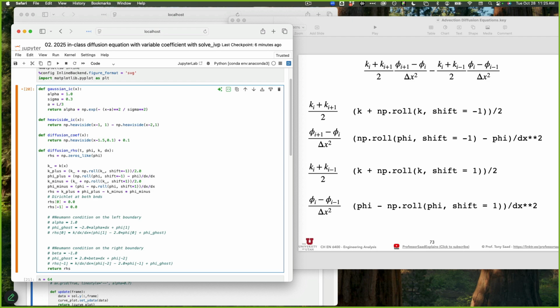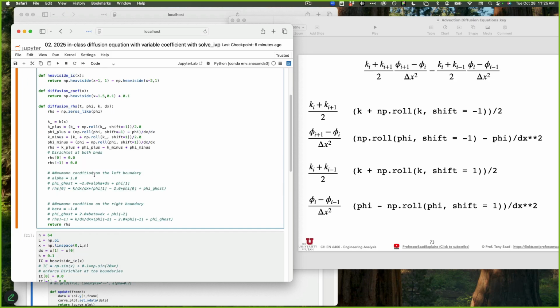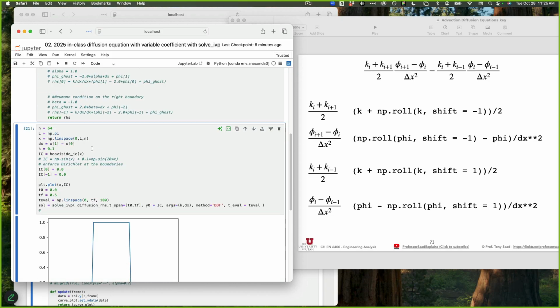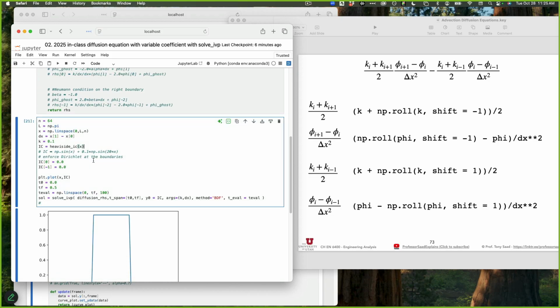And then on the boundary conditions, I have Dirichlet conditions, and those are fixed from the initial condition. So my right hand sides are 0 here. I don't need to worry about this. Return right hand side. I'm going to execute this, and we should be ready to go.